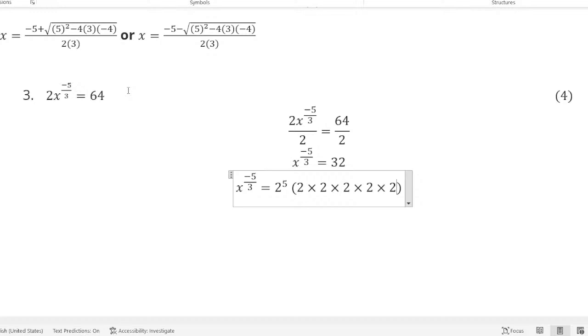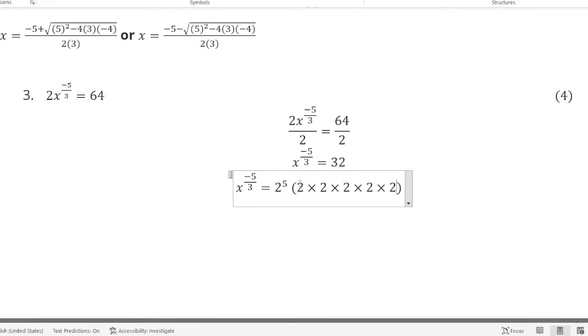So remember, when the bases are the same, we take a single base. In this case, it is 2, right? Then we add the exponents. Any number in maths is to the power 1. So we say 1 plus 1 plus 1 is 3, plus 1 is 4, plus 1 is 5. That's why we had 2 to the power 5. Again, if you don't have a background of exponents, you can contact us so that we can teach you.